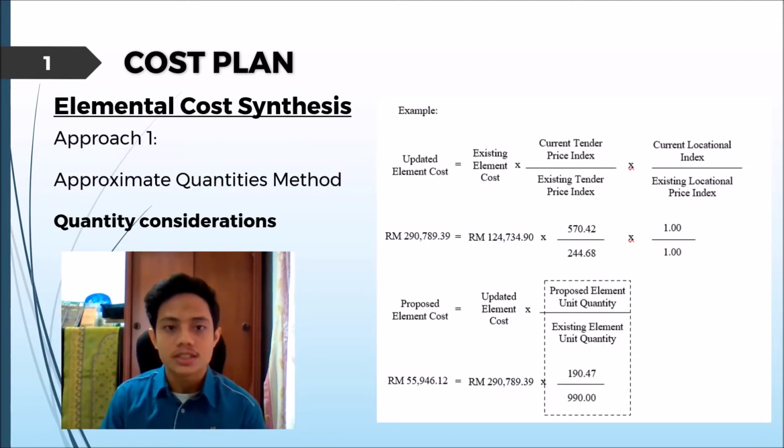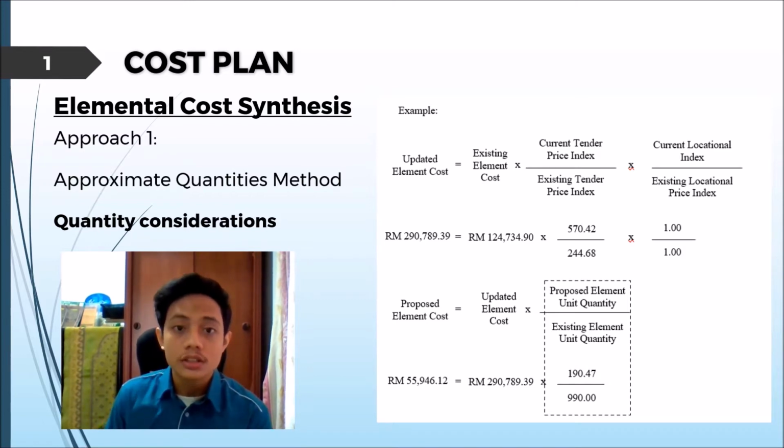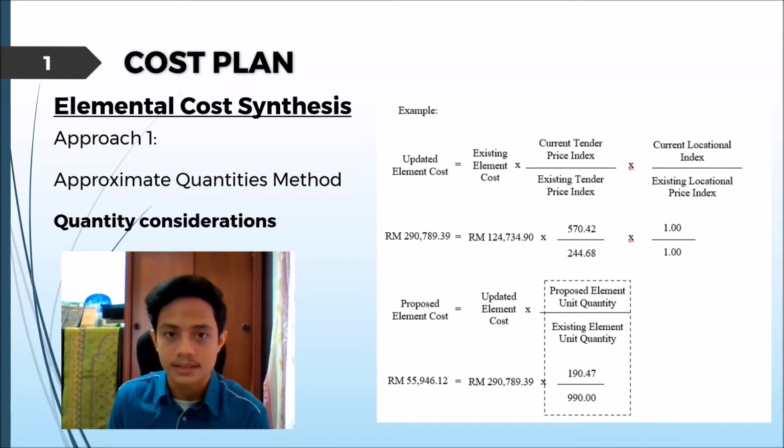For the quantity considerations, the quantity of the element is generally referred to in a cost analysis or ECA as the element unit quantity. Therefore, where there is a need to adjust the quantity of the existing cost analysis, it can be done using the existing element unit quantity and proposed element unit quantity as shown in this slide.